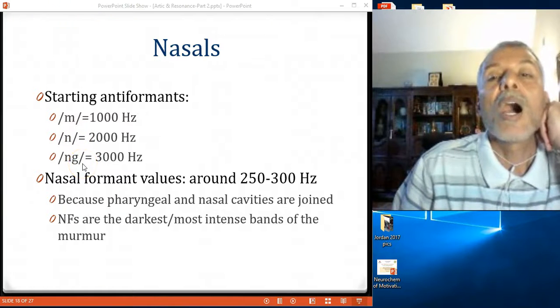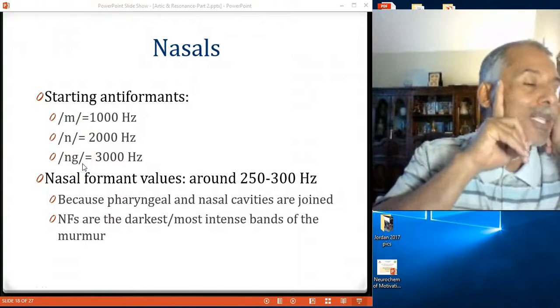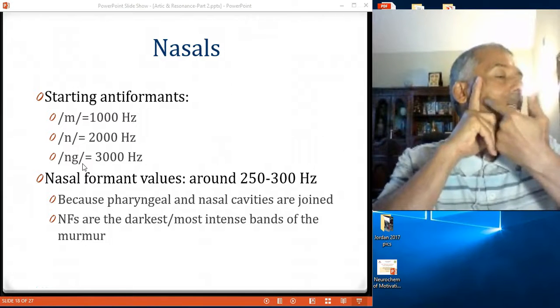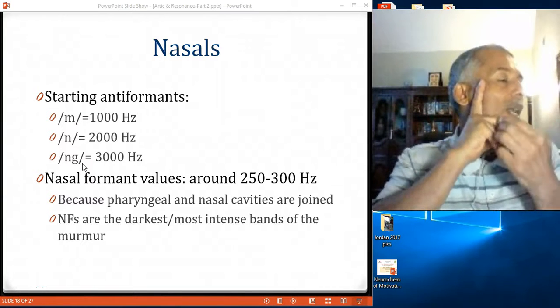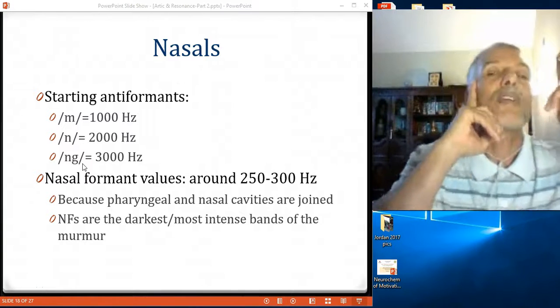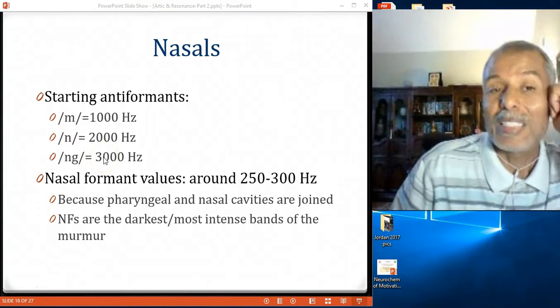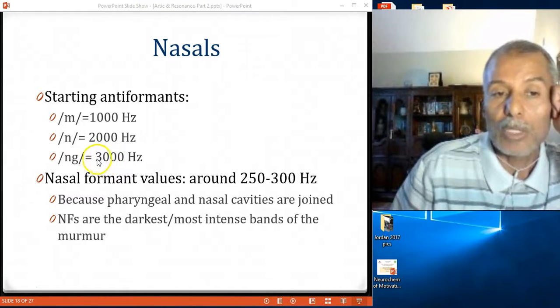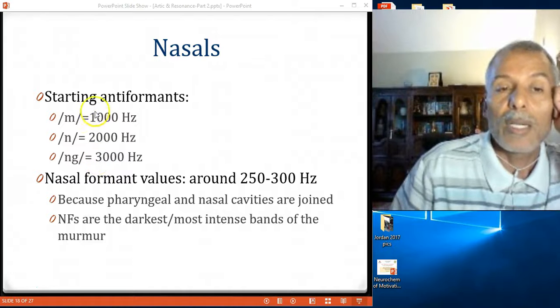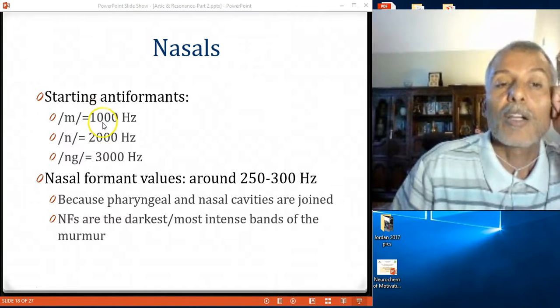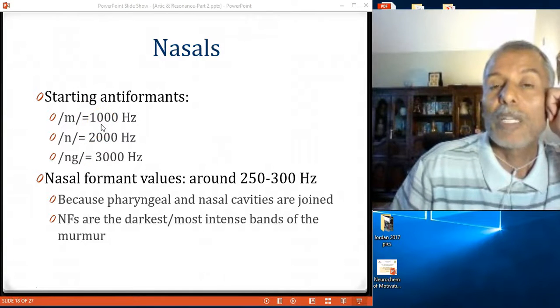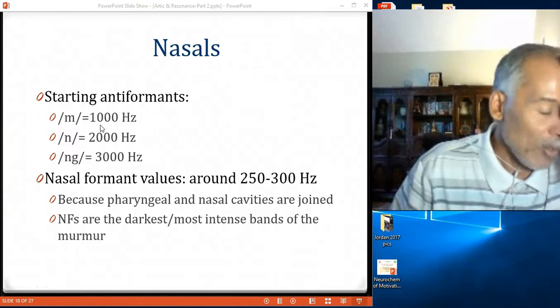And when you say ng, the vocal tract from here is blocked. Nothing is going out here. And then all of this is active, and that makes the space less. That raises the harmonic frequency to 3000. So again, understand that these differences are due to the amount of space available as you make these sounds.